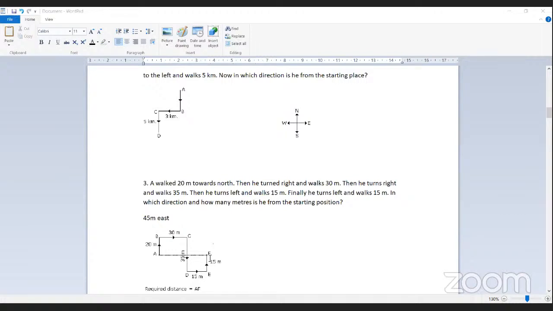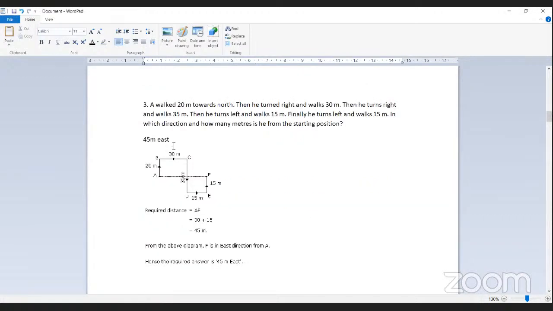Now, when you're drawing this question, the scale is very important, because that is how you will find the direction when they have specifically asked from the starting point. This is 20, this is 20, this is 30. 35 would be a little less than double of AB.